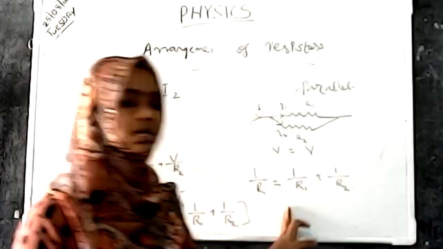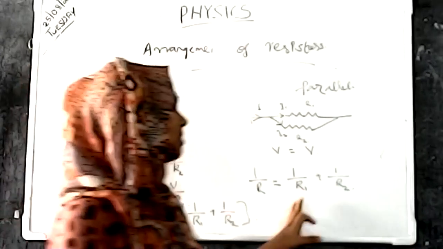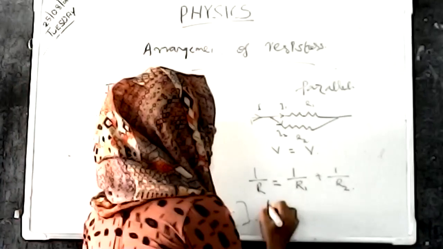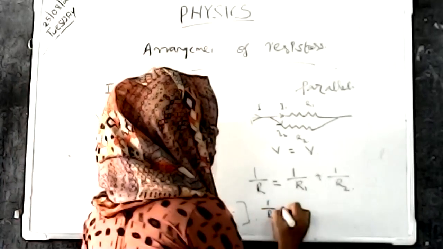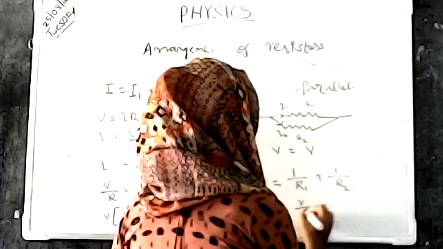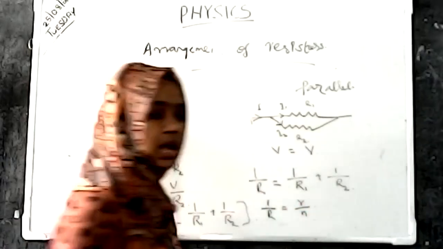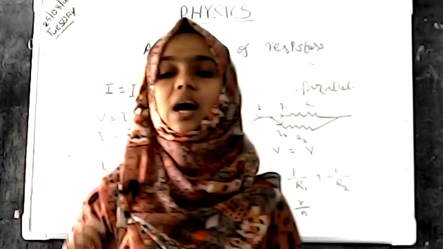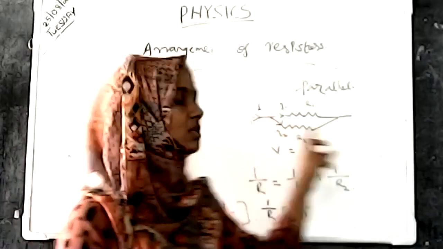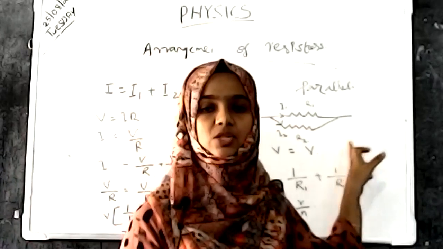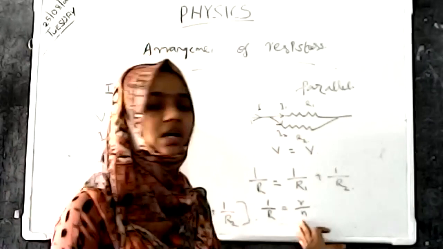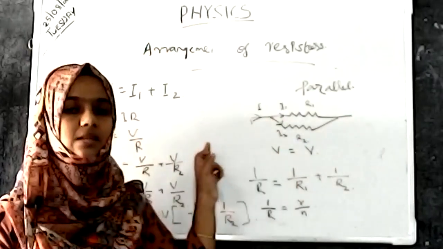In the same manner, the effective resistance is R is equal to r divided by N, where small r is the resistance of the resistor used in the parallel connection and N is the number of resistors connected in that circuit.